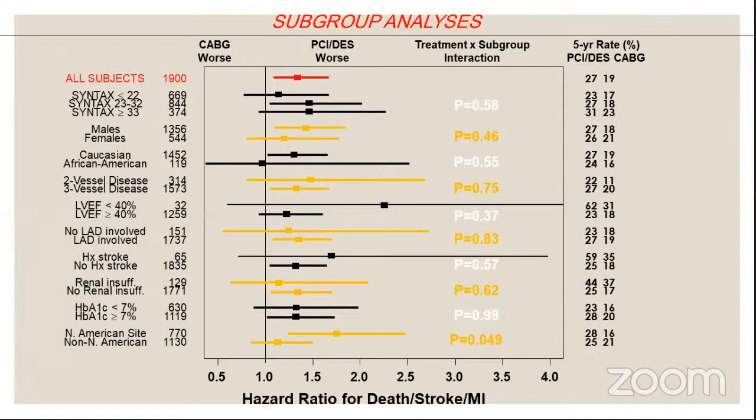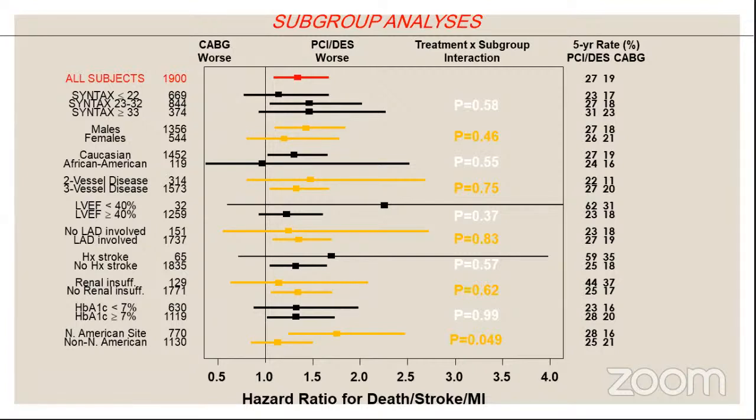Okay, hemoglobin less than 7 did not make a difference. The other one looks like it just barely touches the line, so if it touches the line, it's insignificant.